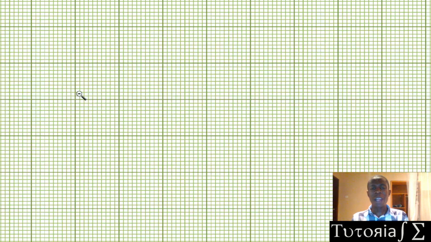Now, a graph paper is very interesting because it helps us accurately represent information. It's a paper that helps us represent information accurately. It helps us represent diagrams accurately, and so on and so forth.